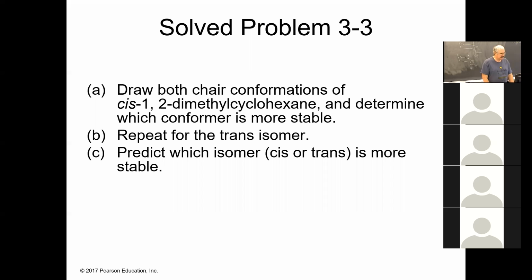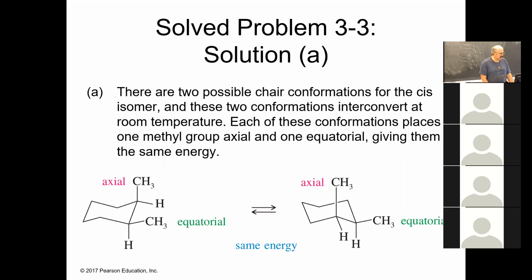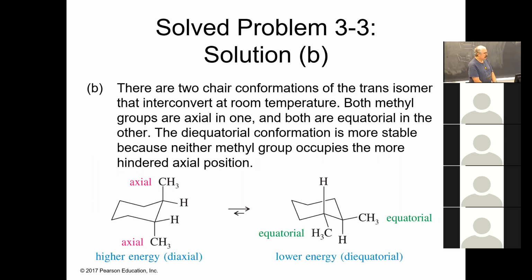Okay, and then let's compare cis and trans. So this is the solution to the first one. They have the same energy. One's axial, one's equatorial. For the trans, the higher energy has both axial, the lower energy has both equatorial.